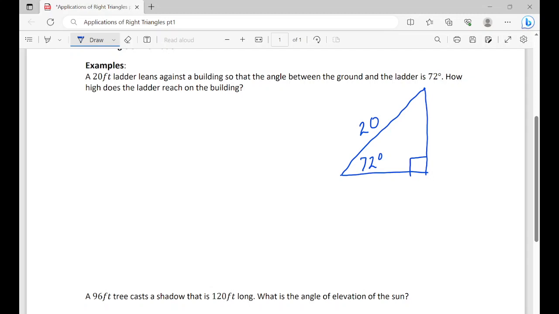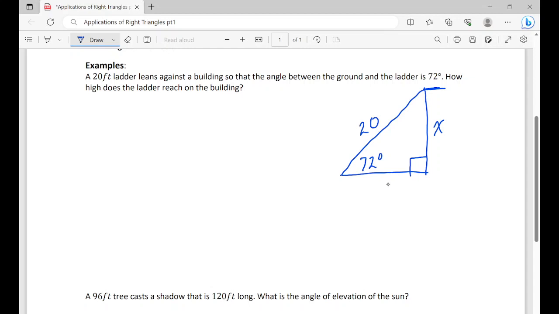I still need to know how high the ladder reaches on the building. I'm going to say that the building gets cut off right here, just for my sake. So how long is this unknown side? That's all the information it gives me, so I've got to figure it out from here.